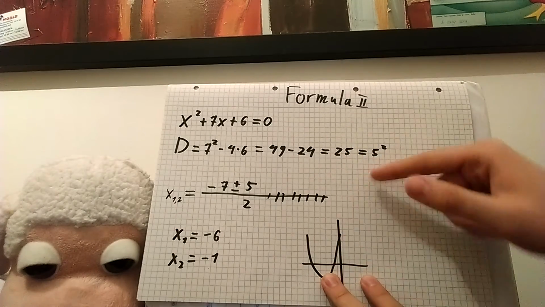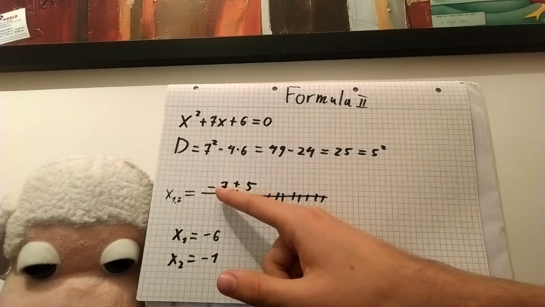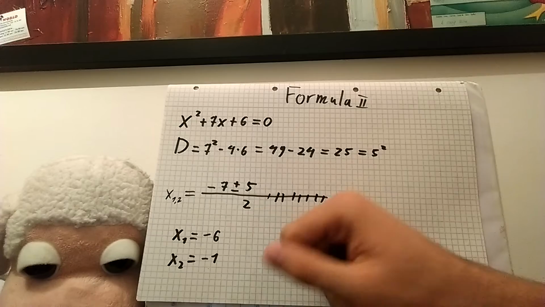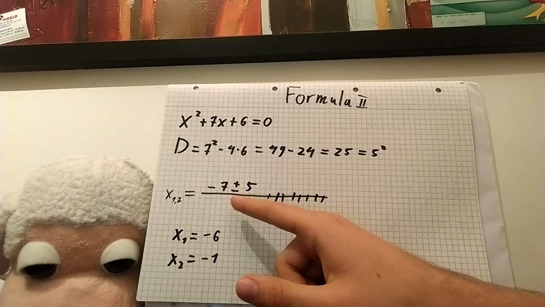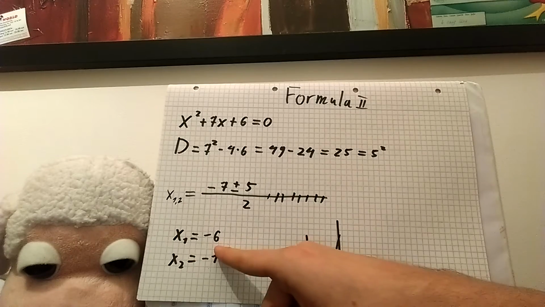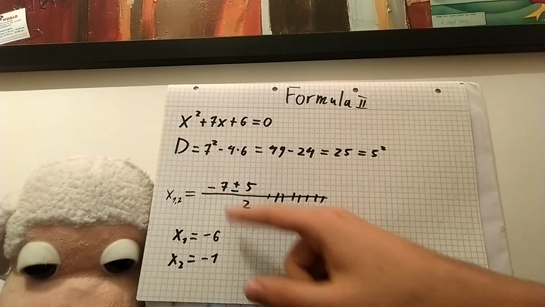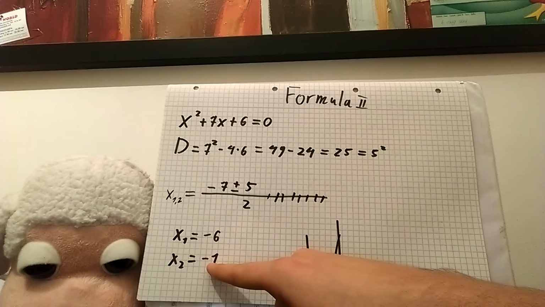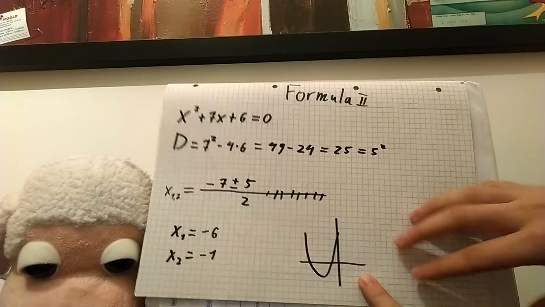So if we take the root of that, it equals 5. So x1 and 2 equals minus 7 plus minus 5 over 2. If I subtract 5 from negative 7, I get negative 12 over 2, which is negative 6, and if I add 5 to negative 7, I get negative 2 over 2, which is negative 1. And if we make a graph of it, it kind of looks like that.